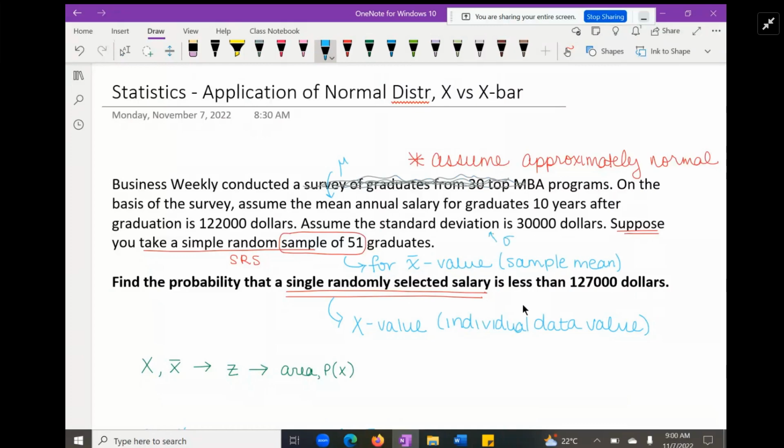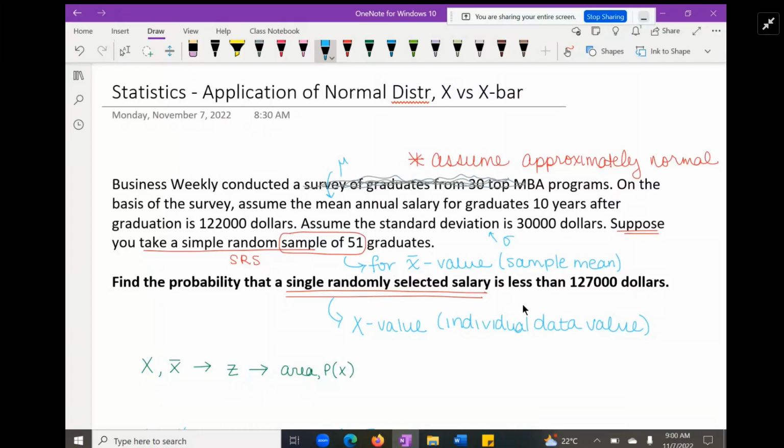This is really important because the symbols and the terms that we apply lead us to a certain distribution, a certain way in which we look at the data, because it's either going to come from a population or a sample. So that has to be made clear in these types of problems.